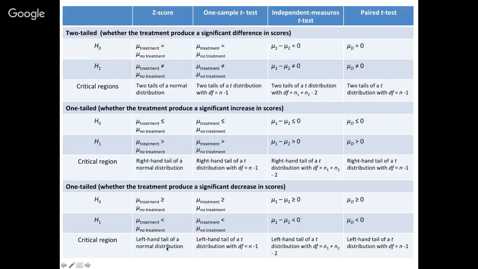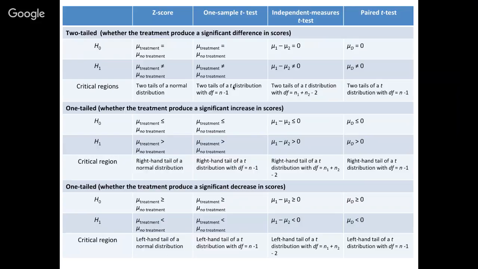But for a one-sample t test, you can see here the critical region is determined by three factors. The degrees of freedom, because it determines the shape of the t distribution. The second factor is the alpha level.